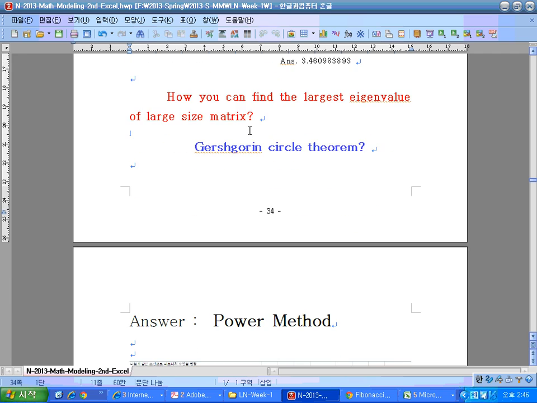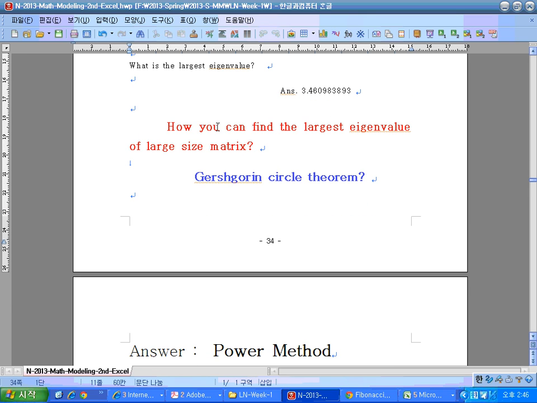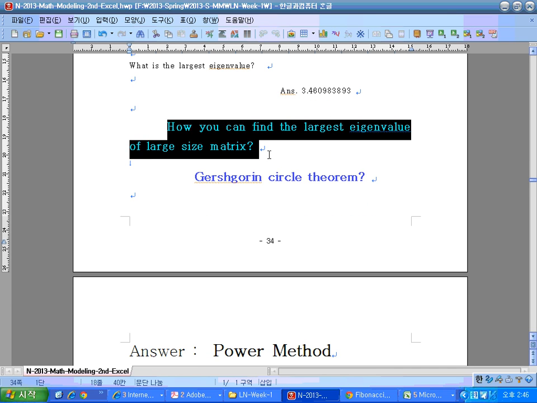We will also think about an easy way of finding the largest eigenvalue of a large-size matrix. For a 2 by 2 or 3 by 3 matrix, you can easily find the eigenvalues. What about a 5 by 5 matrix or 7 by 7 matrix? How can you find the eigenvalues?